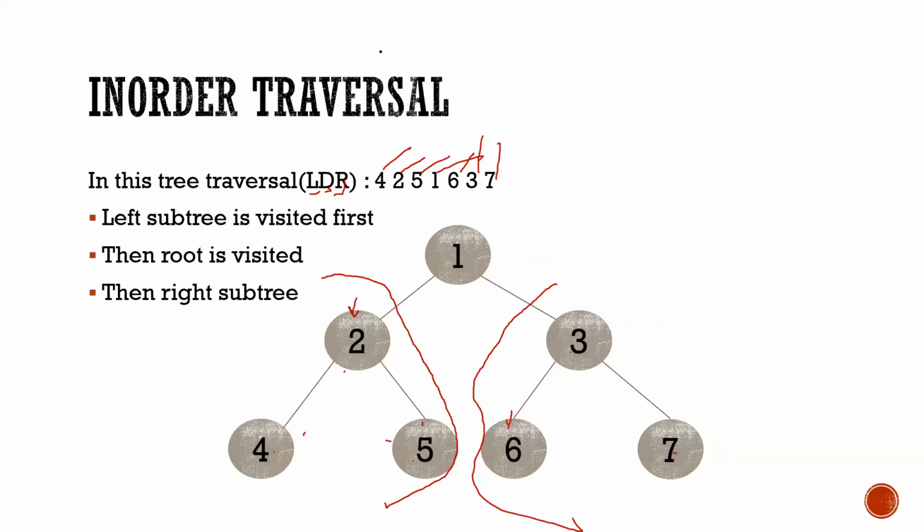Okay, so shall we move forward to the coding part? How are we going to code the in order traversal?